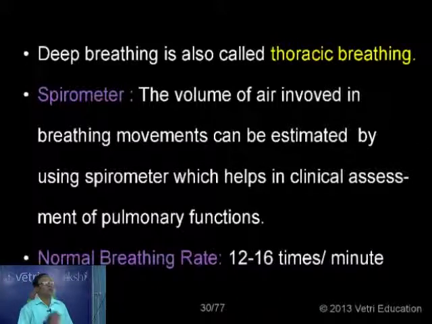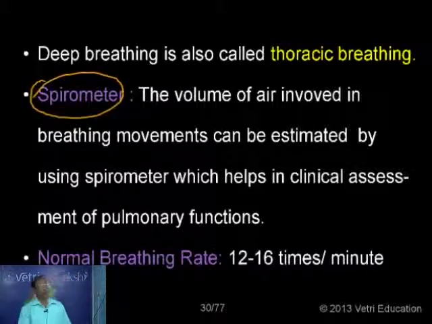Now, we have an instrument to calculate or estimate the amount of air that enters and leaves during different breathing movements. The name of the instrument is called a spirometer. So the volume of air involved in breathing movements can be estimated by a spirometer.